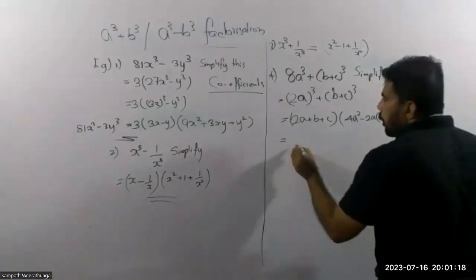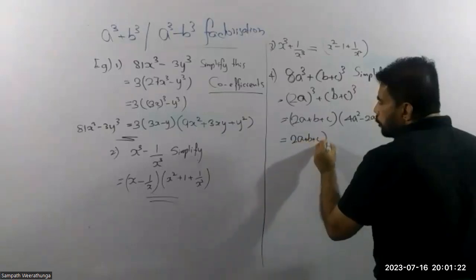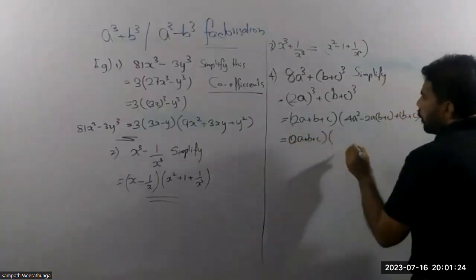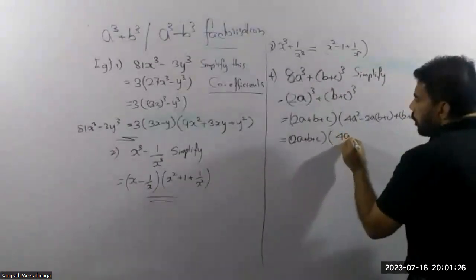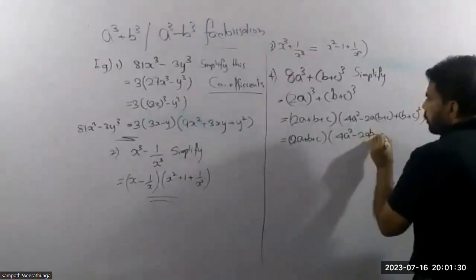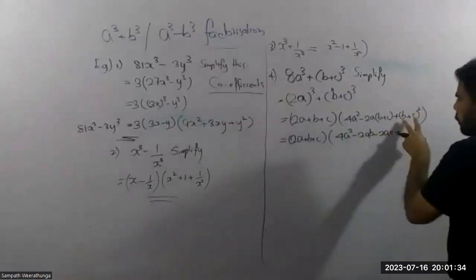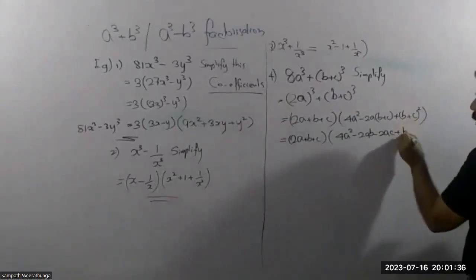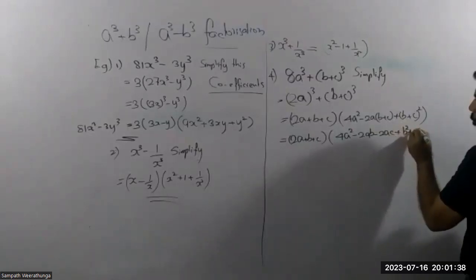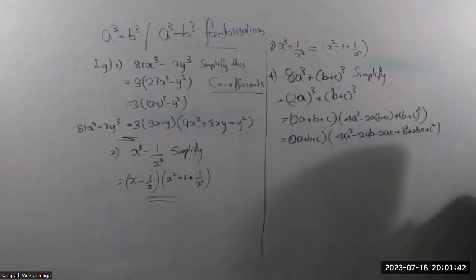So what I think is here I can simplify this further. I can write 4a squared minus 2ab minus 2ac plus this expansion, b squared plus 2bc plus c squared.